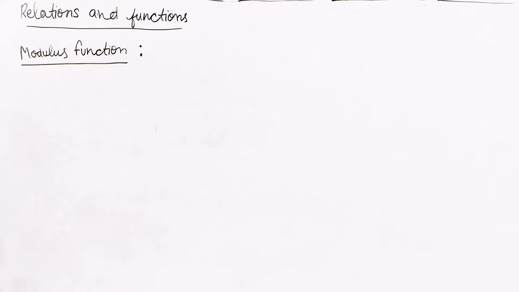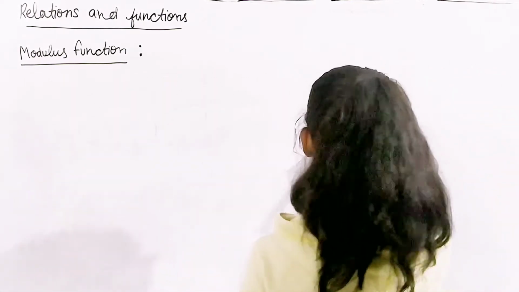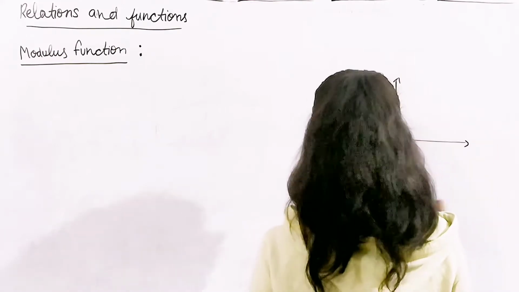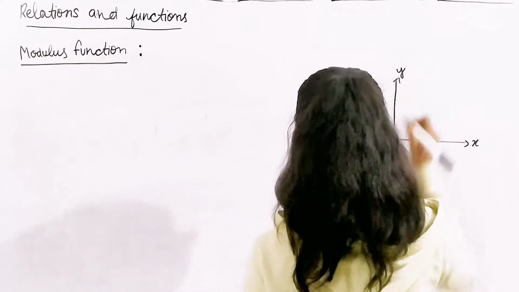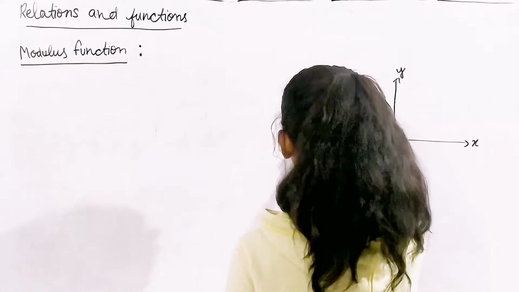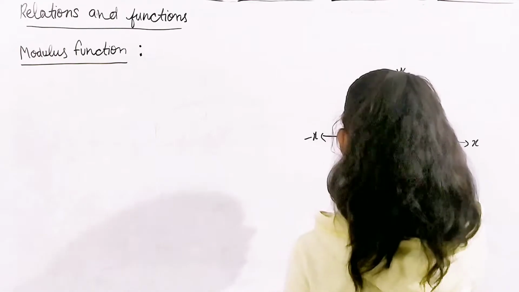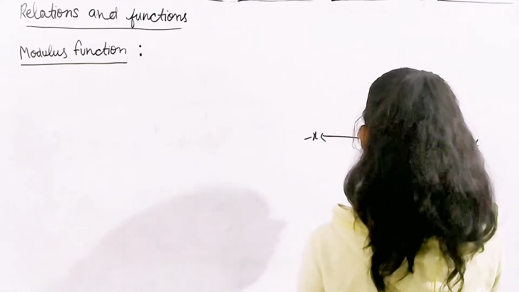So, what does a number mean here? What kind of number are we talking about in this function? Let me just show you with the help of the graph. Okay, so this is the graph, and we have two axes, the x-axis, the y-axis, negative y, and negative x. In the x-axis, this is going to be the origin, 0, 0.